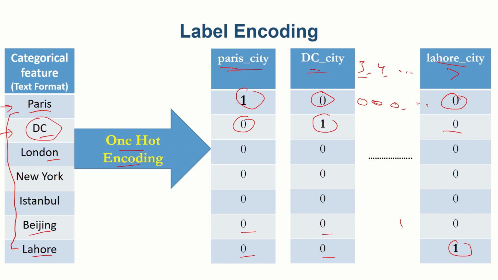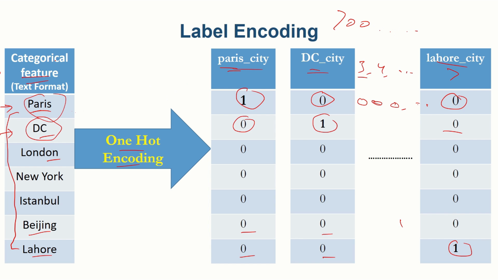What do we mean by this? Let's say here we have only 7 distinct values, so there will be 7 more columns. What if we have 700 different values for this feature? Then what will happen if we use one-hot encoding? We'll have 700 different columns for this one categorical feature.